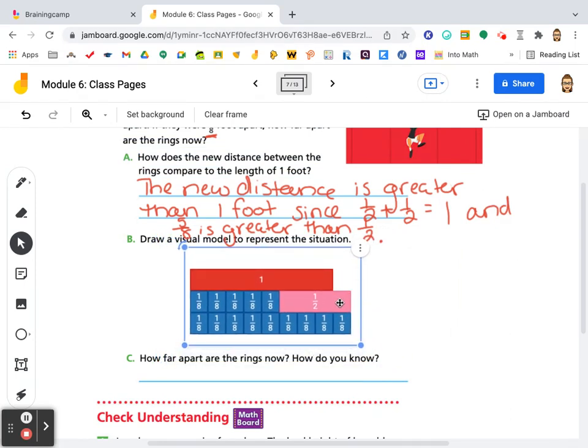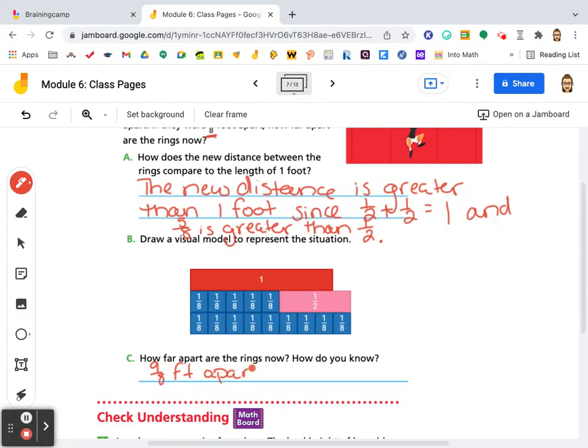And it says, how far apart are the rings now? How do you know? Well, we got a total of 9/8 right here. So there are 9/8 feet apart. Or we can simplify that. We know we have 1 whole, or 1 full foot, and then 1/8 left over, as we can see here.